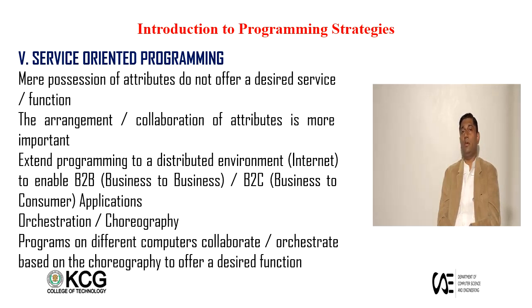Now we need to have a very clear understanding of what is the need for making a shift from object orientation to service orientation. For instance, take this example. I am an object. I belong to a class called teachers, and I inherit certain attributes possessed by that class called teachers. I am an instance of the class called teachers.